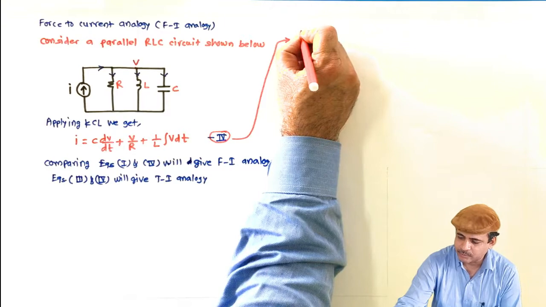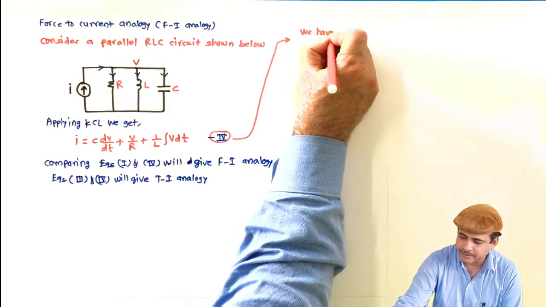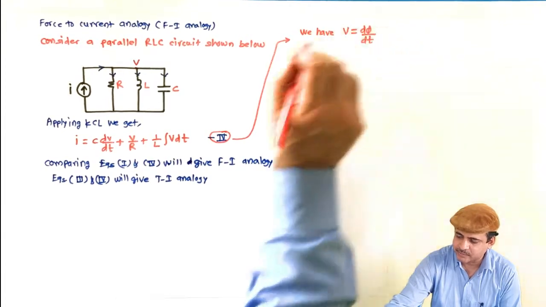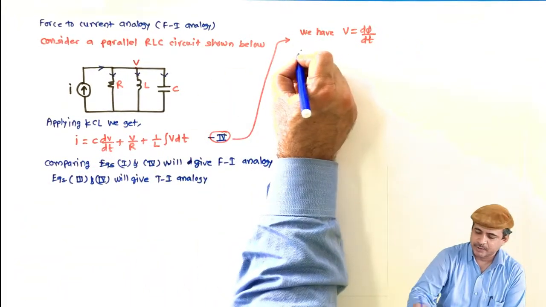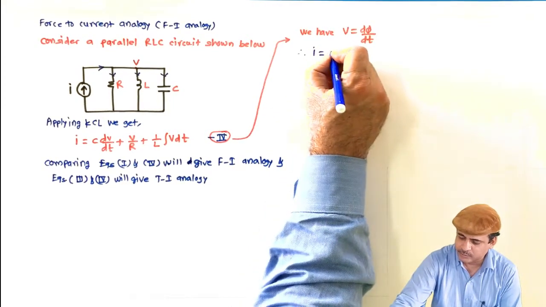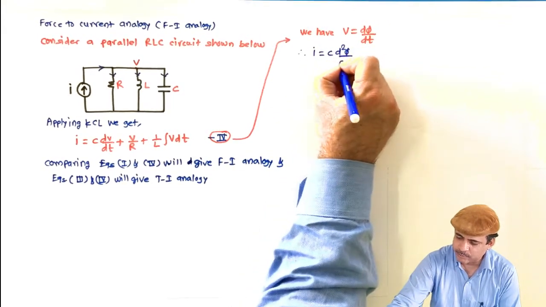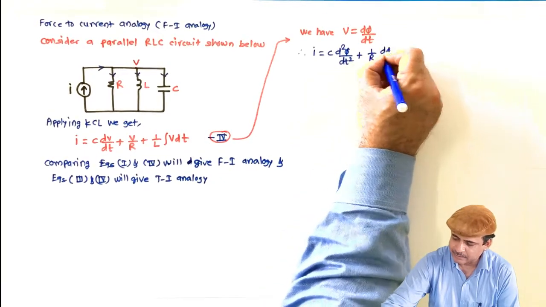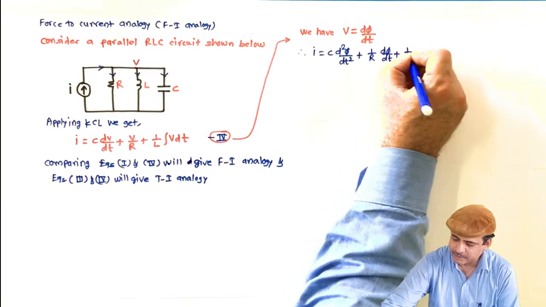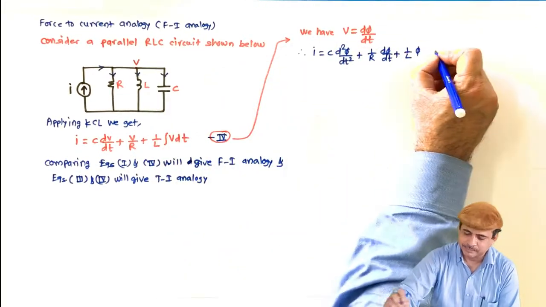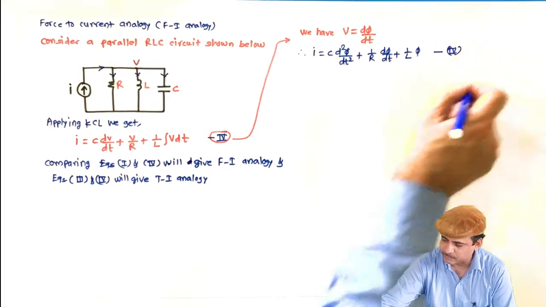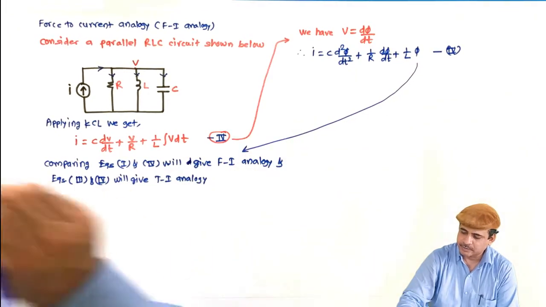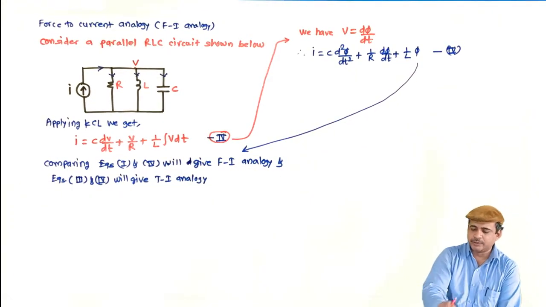But we have voltage V as the rate of change of flux, V is equal to d phi by dt. So I is equal to C d2 phi by dt square plus 1 by R d phi by dt plus 1 by L phi. Let this be equation 4. And now this is true.